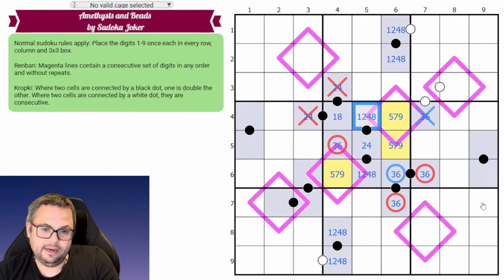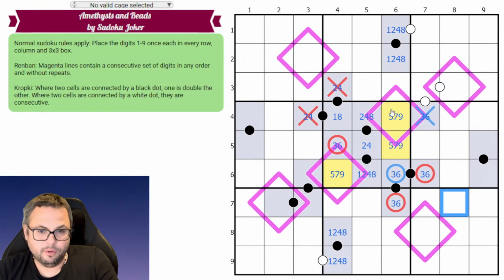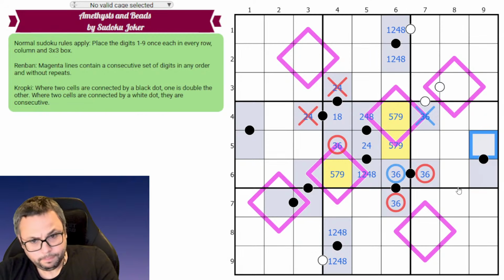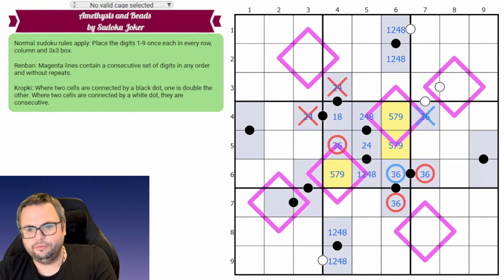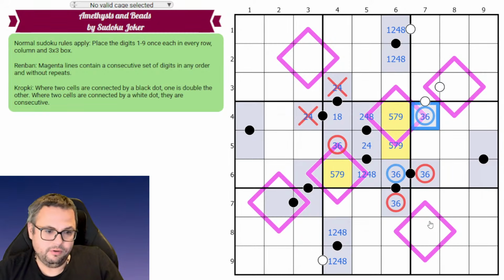So 5 7 9 doesn't go on a Renban with a 1. So this is a 2 4 or 8. Oh, sorry. This one was meant to be a blue circle. I just screwed it up. This was meant to be indicating that these two are known to be the same digit.